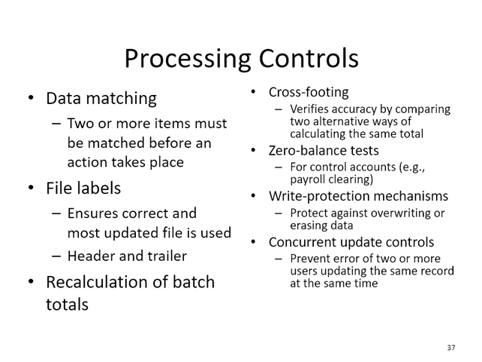Then the trailer record is located at the end of the file and contains the batch total calculated during input. Recalculation of batch total: the batch total can be recomputed as each transaction record is processed and compared to the values in the trailer records.